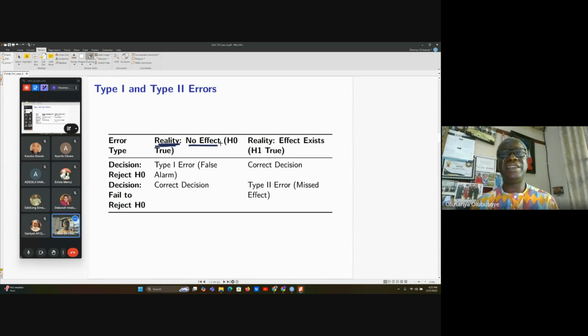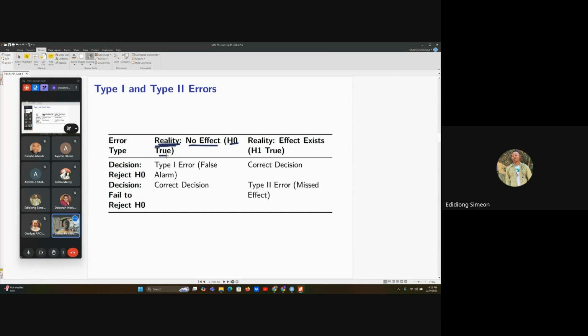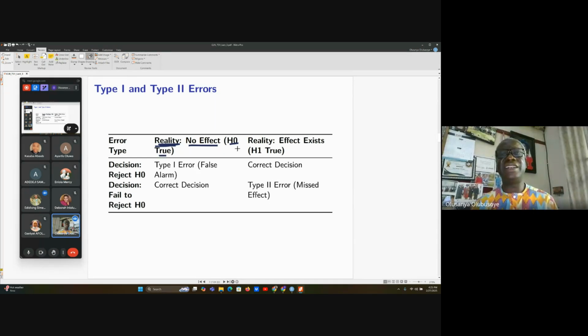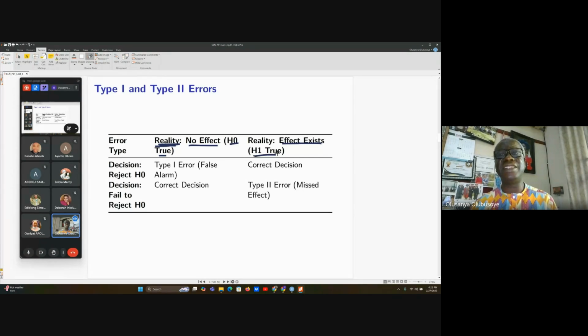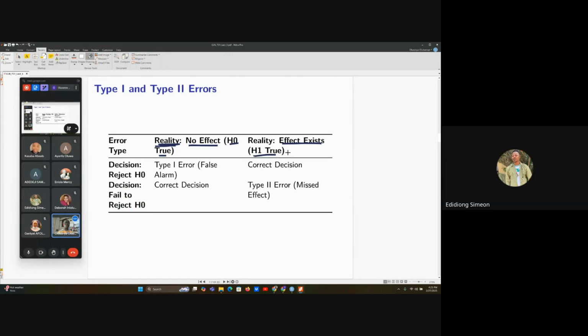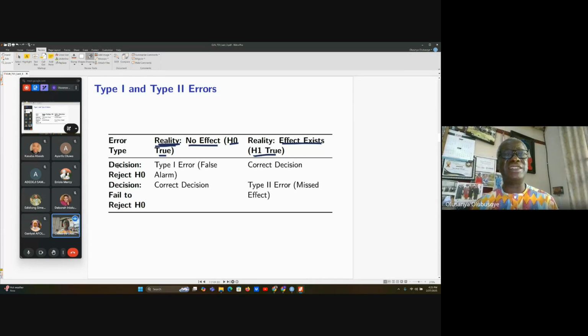In that case, H naught is true. Now, another reality is there is an effect or there is a difference, and what that means is that the alternative is true. Now let's look at the decisions.